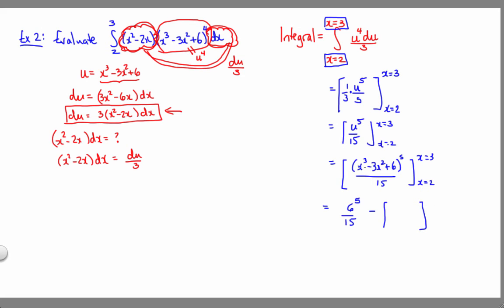Subbing in x equal 2, you can check that in the numerator here, you're going to get 2 to the 5th, and that's over 15. So overall, we've got something over 15, and if we grab our calculator, we can check that the numerator comes out to 77.44. So the value of that integral is 77.44 over 15.